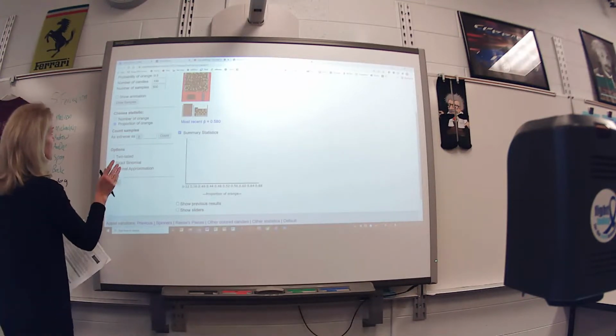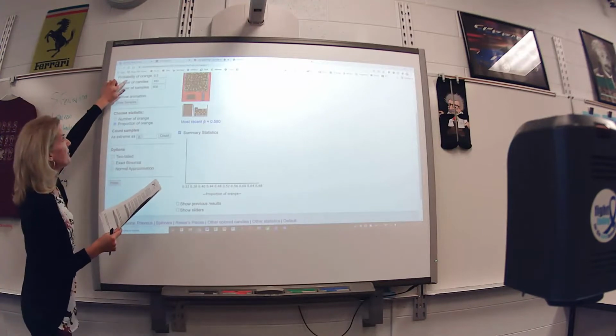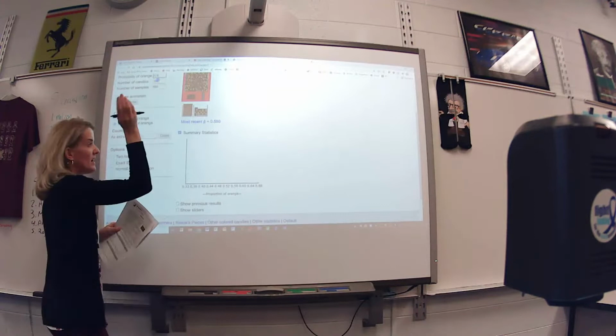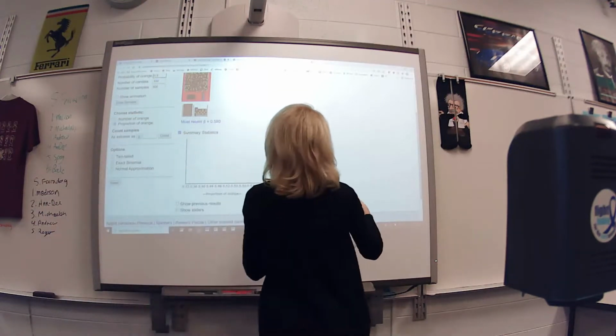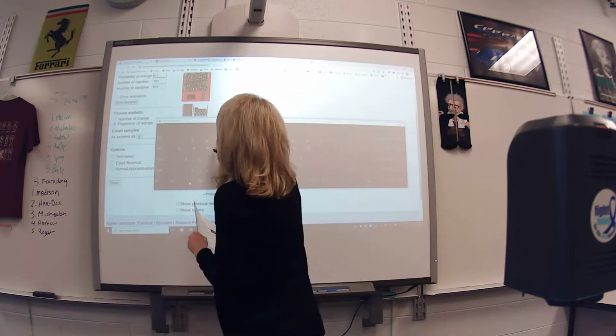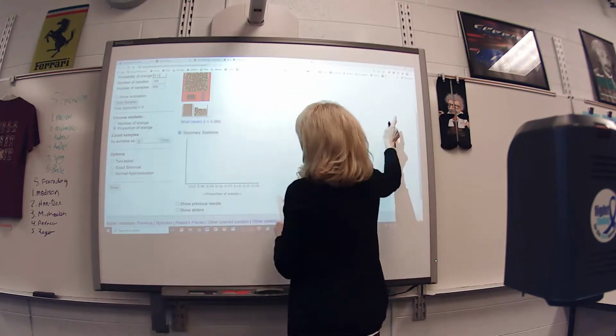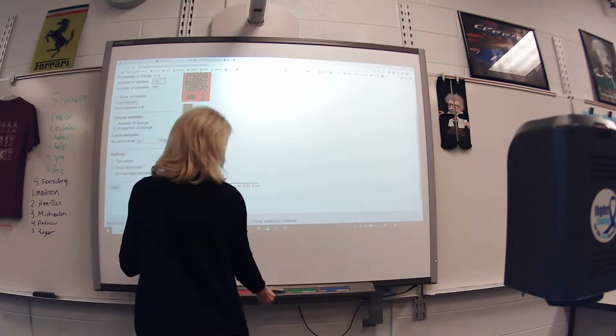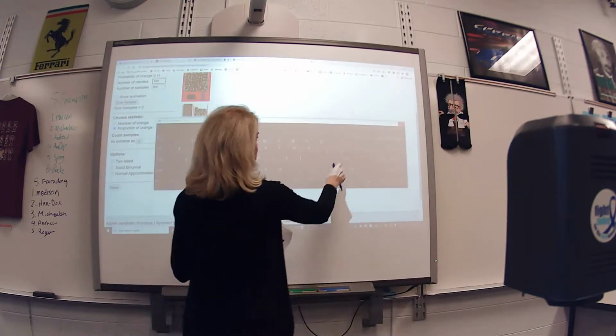So I'm going to reset this. It says probability of orange. Well, in your head, make it say red. Does it say red in your head? Good. So I'm going to get rid of the 50%. I'm going to put in 13%. And I'm going to go back to only 25.